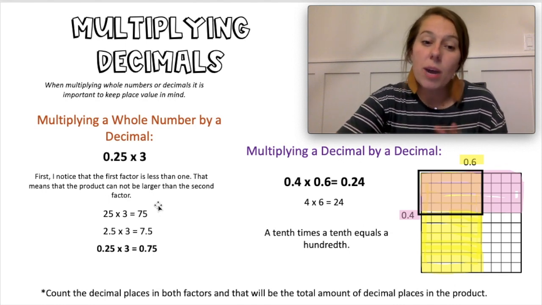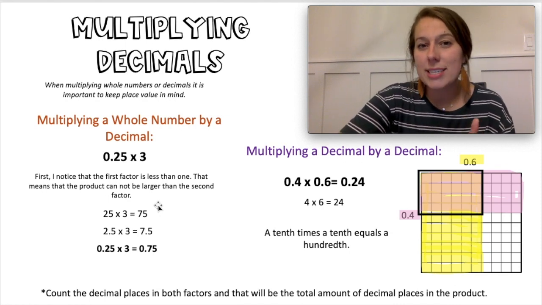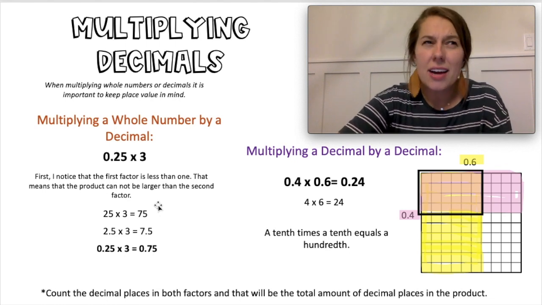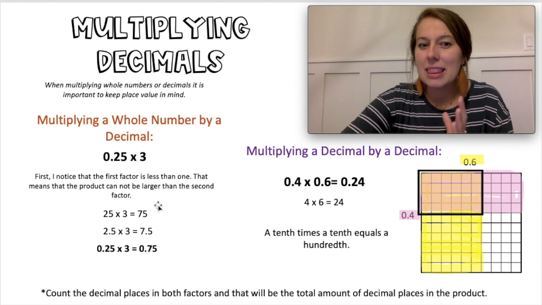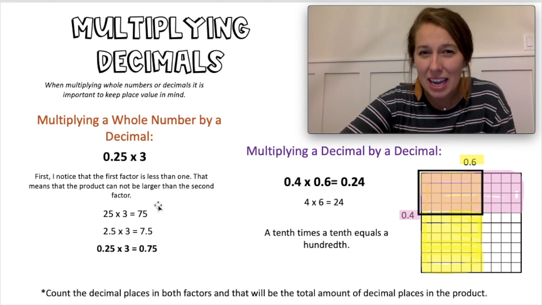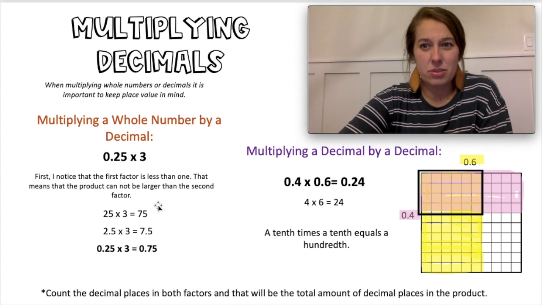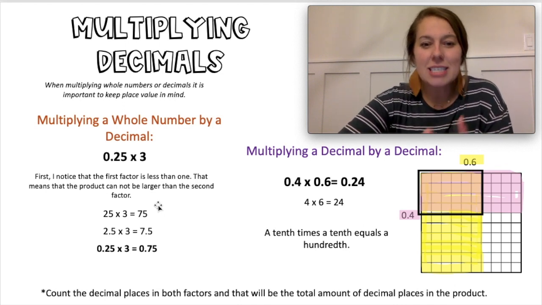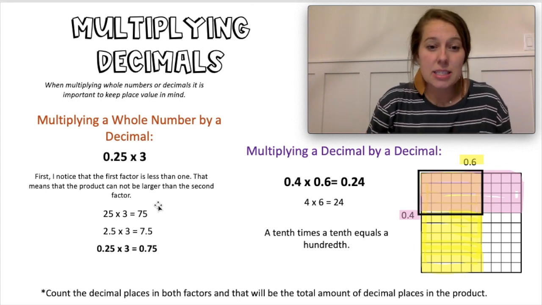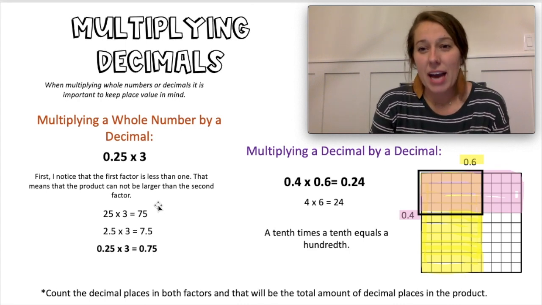Okay, so what I mean is, tell me what 1 times 3 is. 3, right? Okay, if I'm multiplying something less than 1, I can't get an answer bigger than 3 because 1 times 3 is 3. So I know it has to be smaller than that factor. So hopefully that makes sense. So I'm going to think of basic facts first.